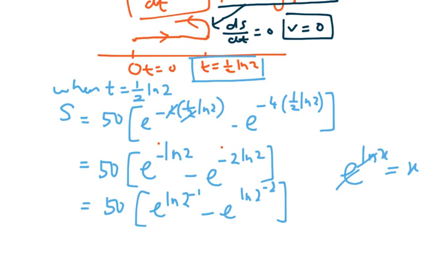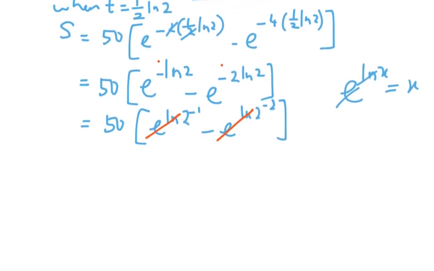So in this case, these can be simplified, and what you will get is 50 times 2 to the power of negative 1, which is equivalent to 1 over 2, minus 2 to the power of negative 2, which is equivalent to 1 over 4.